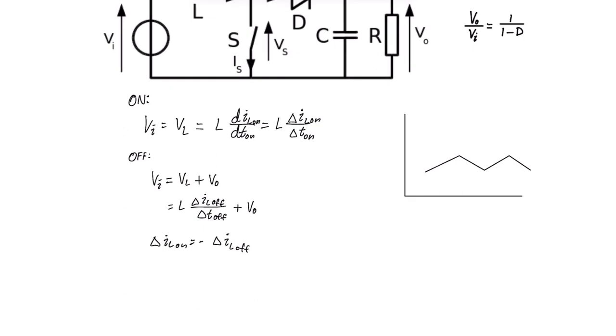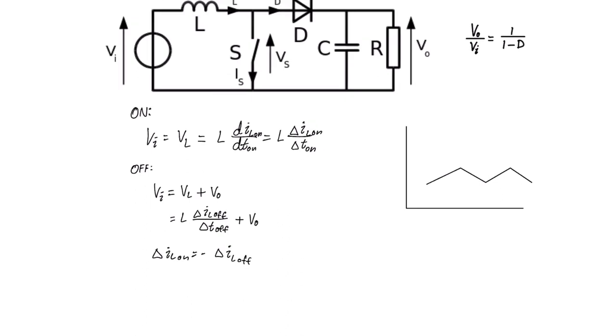And therefore we can say that the change of current when it's on is equal to minus the change of current when it's off. So what we want to do now is to solve the on equation for the change of current and the off equation for the change of current and put them into this last equation here, right?